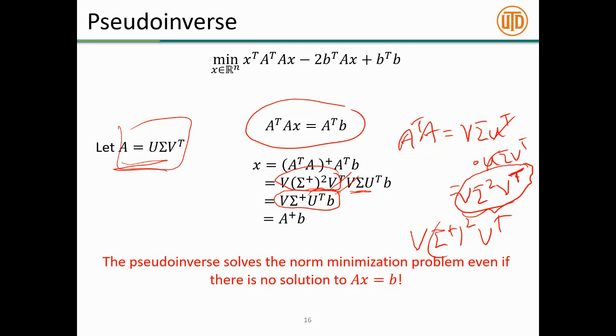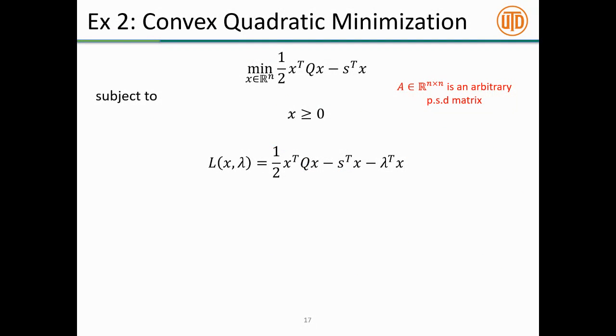Okay. If there's no other questions, I want to do a more complicated example, and then I'm going to do an even more complicated example after this. So we're going to sort of layer on the complexity as we go along here. So the next example I want to take a look at is the first example we saw of a convex quadratic minimization problem, which was unconstrained.